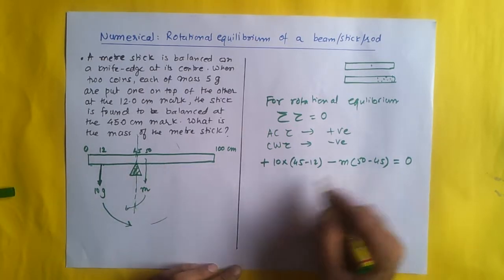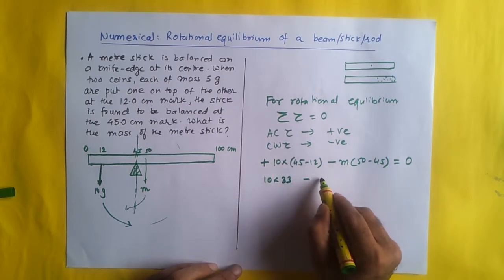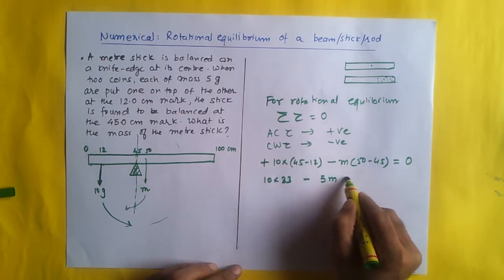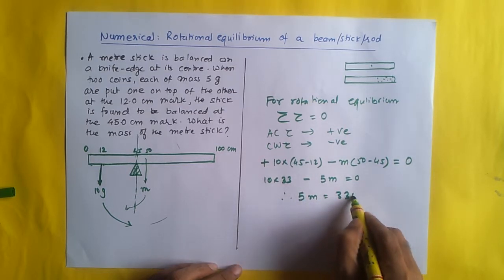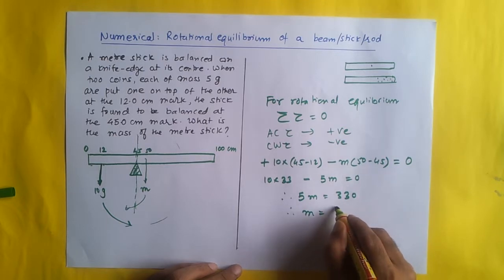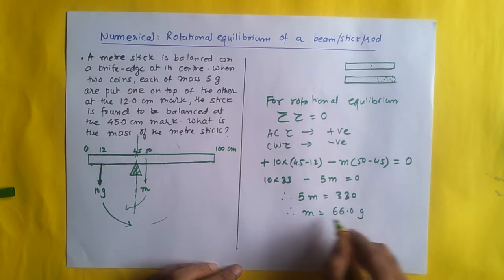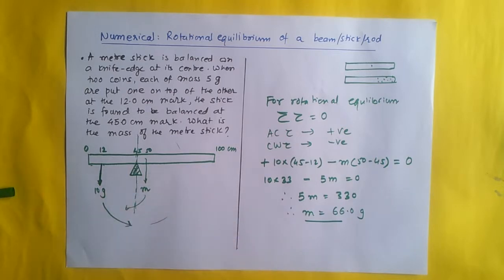Doing a little bit of math: 10 into 33 minus 5m is equal to 0. This gives 5m is equal to 330, and therefore m is equal to 66.0 grams. So this is how we can find the mass of the scale. The mass of the scale is 66 grams.